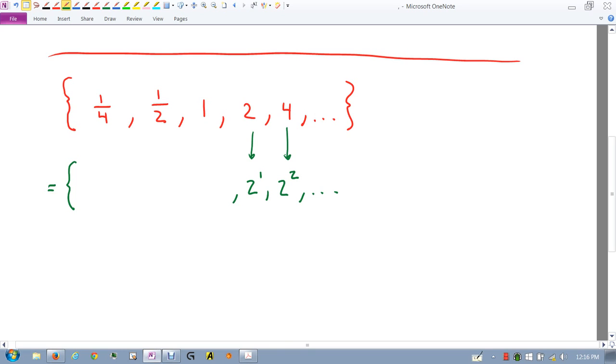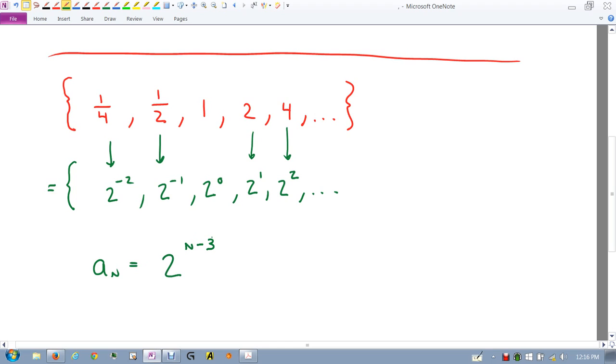What's another way you could write 1? 2 to the 0. And this is 2 to the -1. And this is 2 to the -2, isn't it? So a sub n is 2 to the n minus 3.